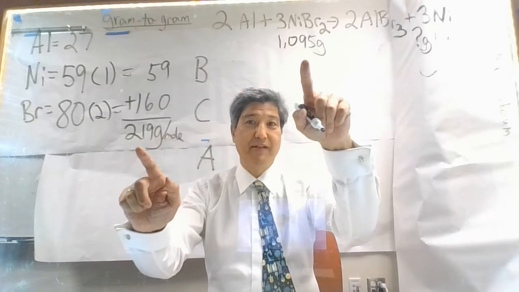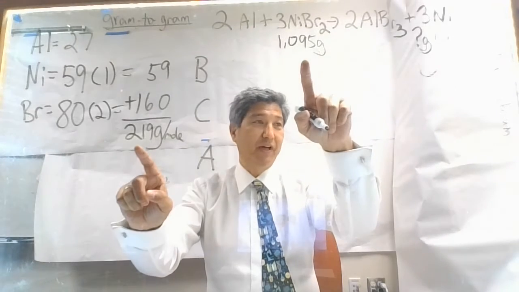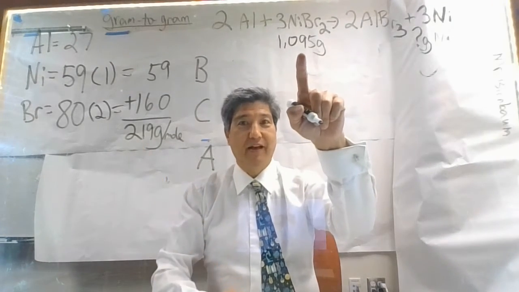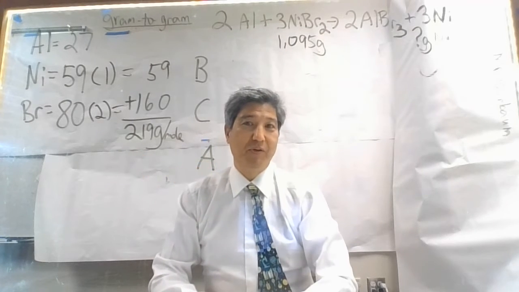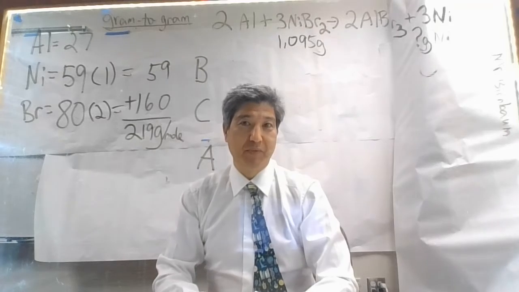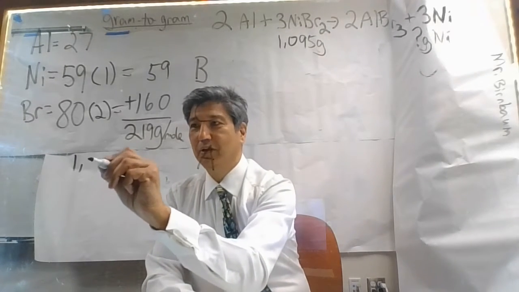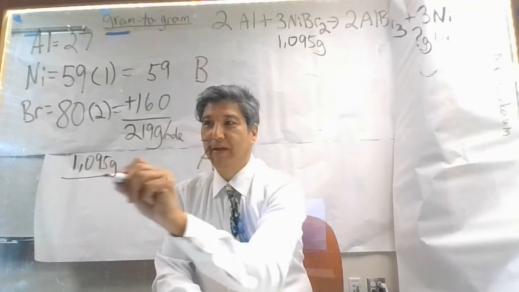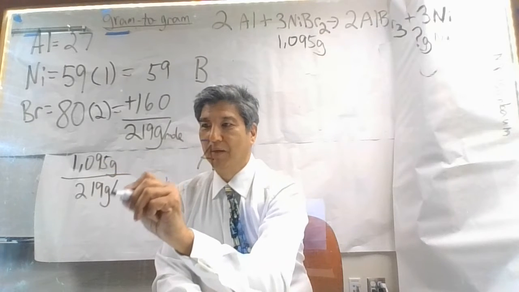So in my question, if I've got 1,095 grams of NiBr2, and I know that for every 219 grams I'm going to have a mole, I have to figure out how many moles this is. If I think about dividing this up into piles of 219 grams, how many piles am I going to have? So I'm going to go 1,095 grams and divide it by 219 grams per mole.